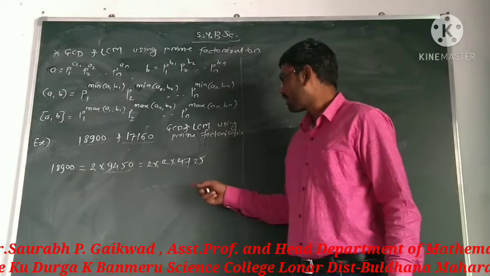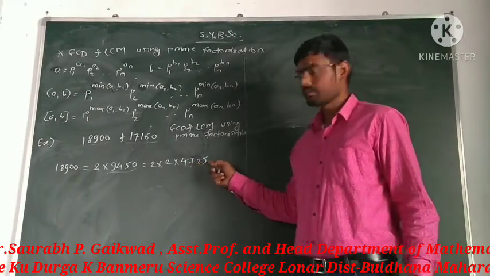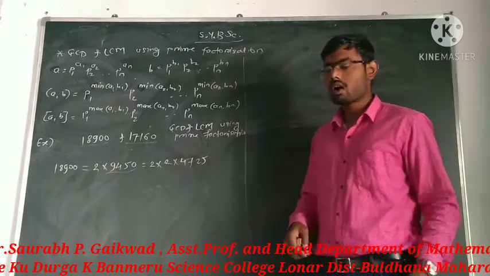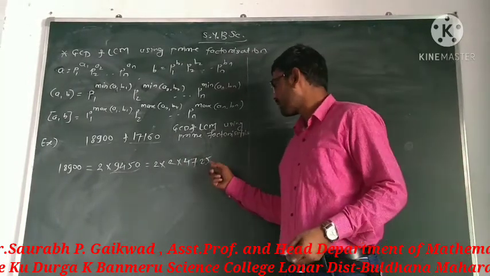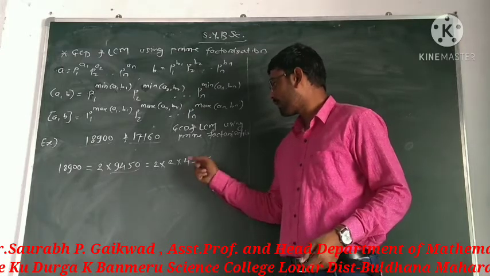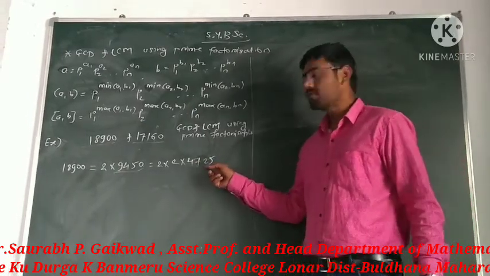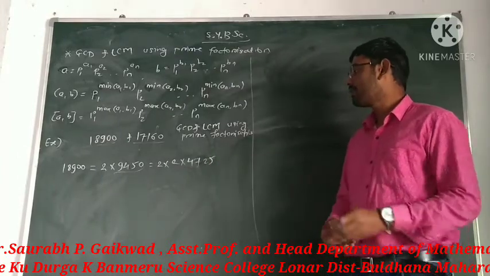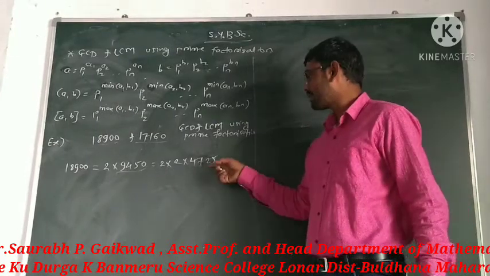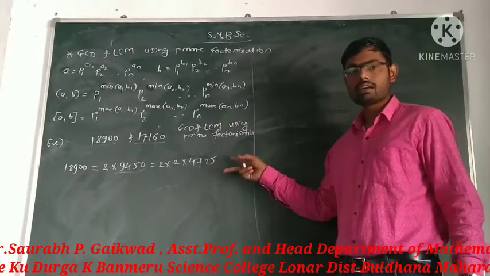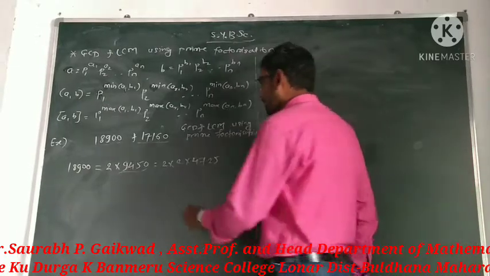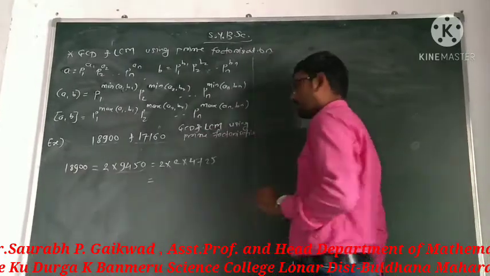Now at 4725, the unit place is 5, so we can divide the number by 5. Or the sum of the digits, 5 plus 2 is 7, plus 7 is 14, plus 4 is 18. This number is also divisible by 3, and also divisible by 5. By the divisibility test, we can divide this number by 3 or 5. So we will divide this number by 3.